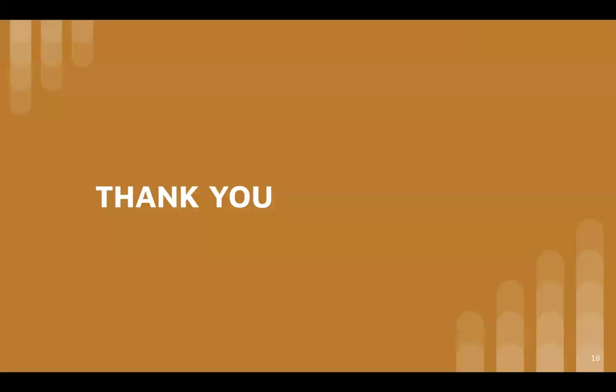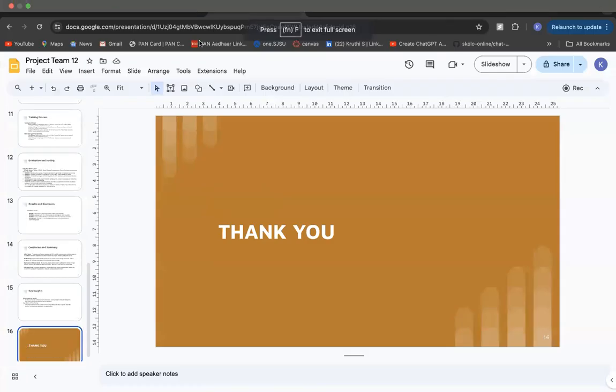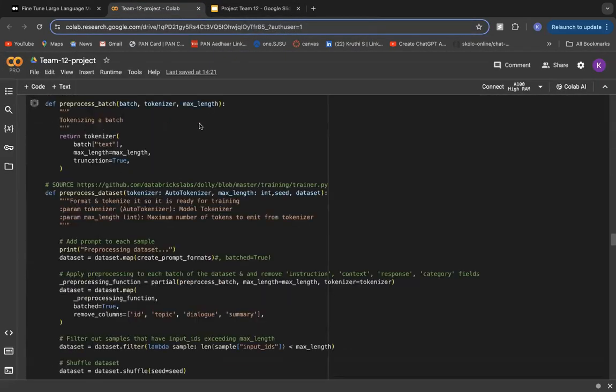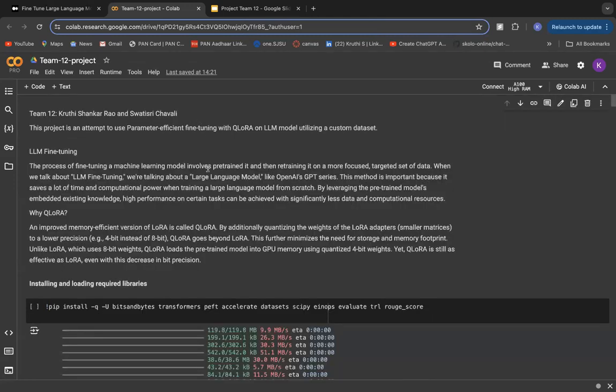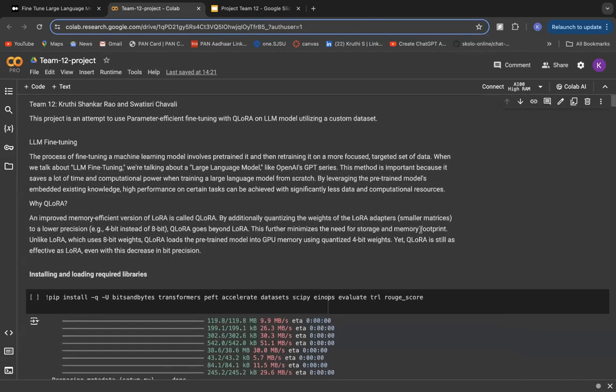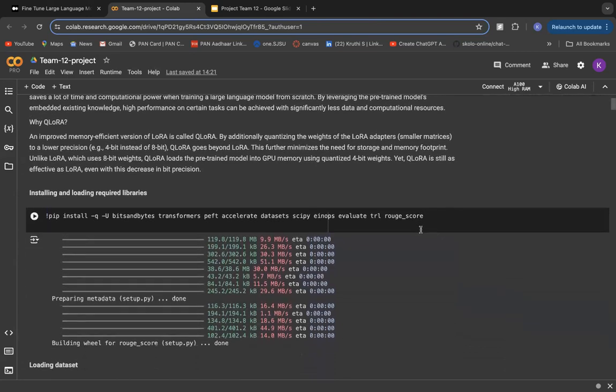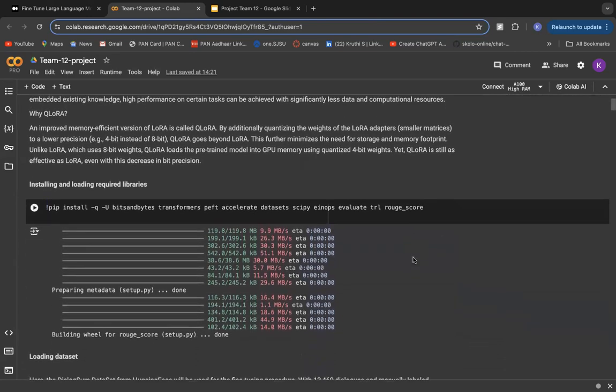So now we're going to show the Python notebook of our project. This is how we initially installed all the libraries.